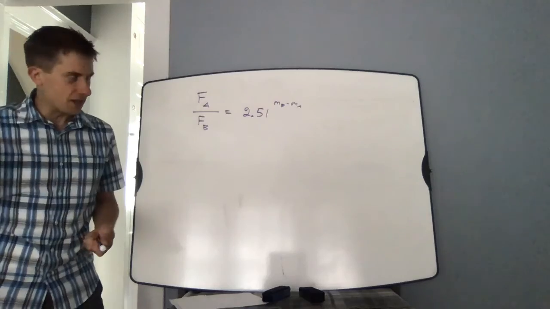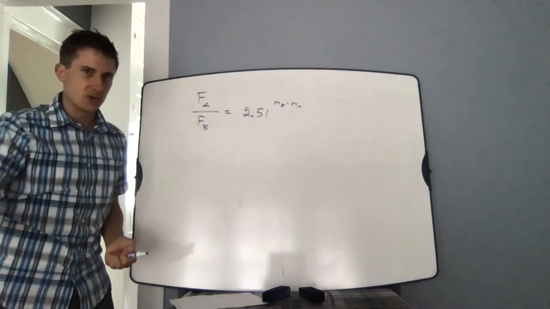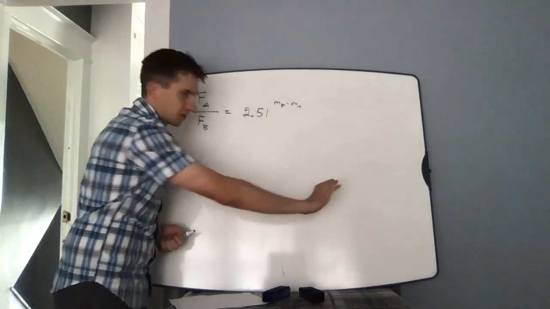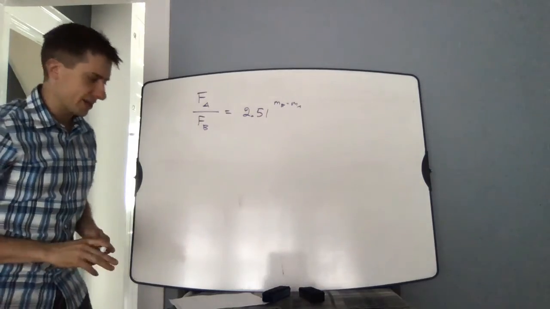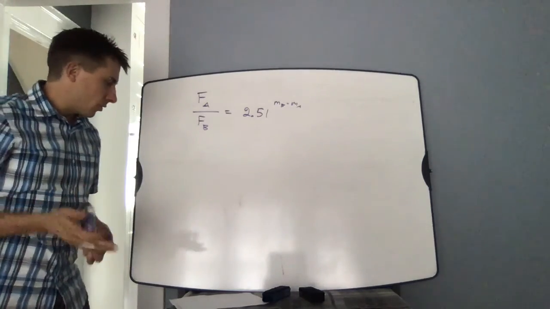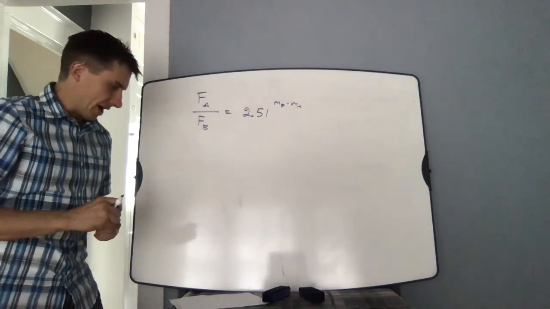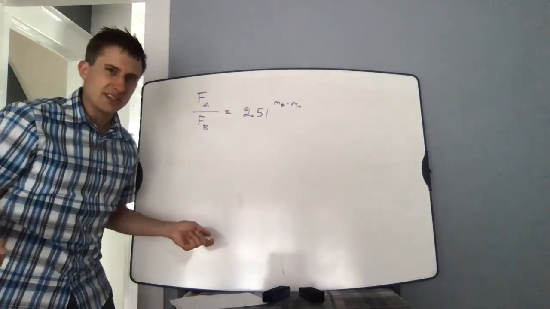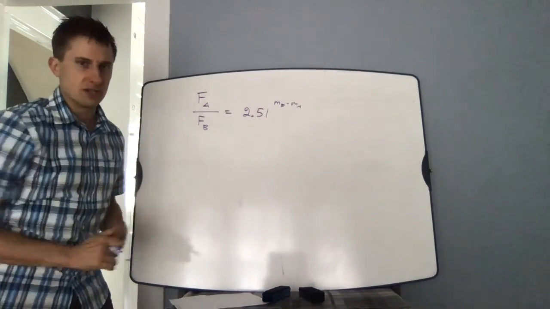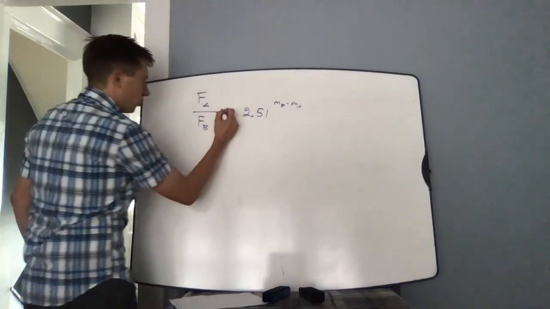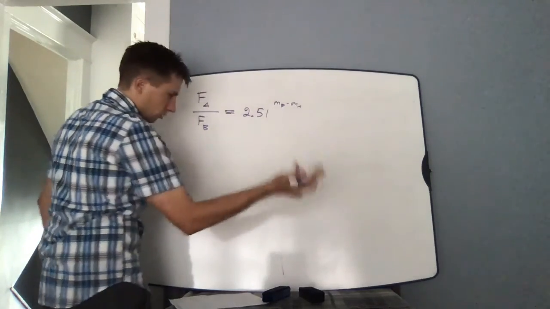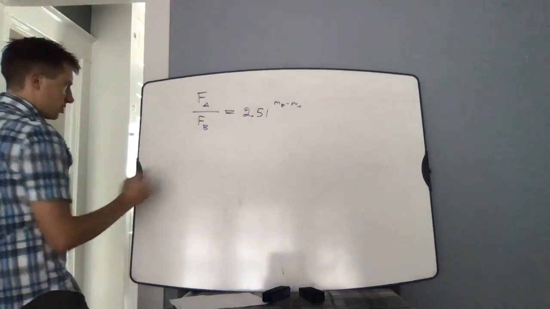In the homework and on the exams, you will not need to do any type of calculation like what I'm doing on the board here. So we learn in grade school and high school that if you do something to one side of an equation, you have to do it to the other side as well. So what I'm going to do is take the log of both sides of these equations.